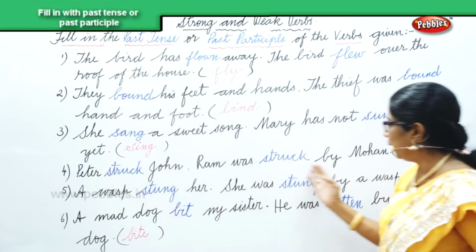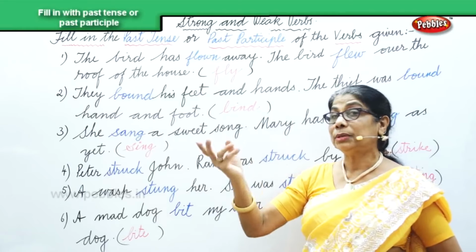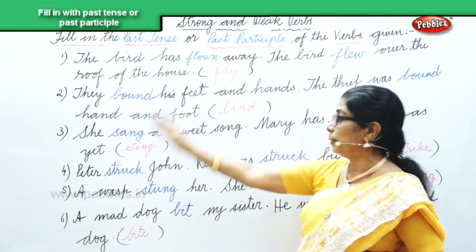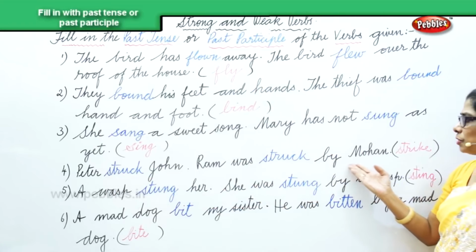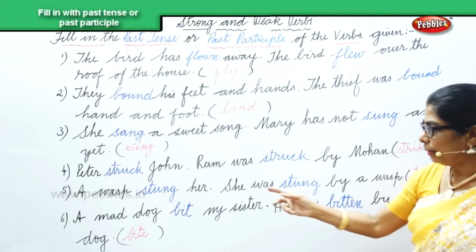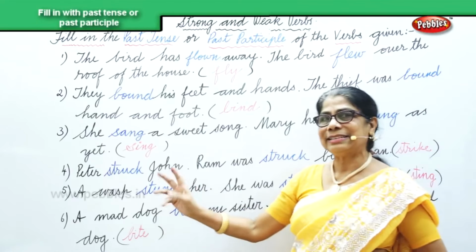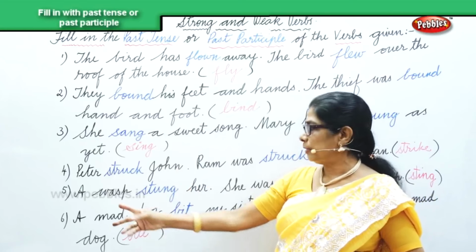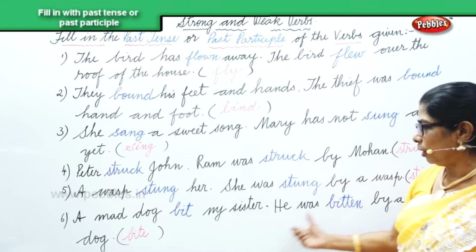Here the verb given is strike. Strike, struck, struck, both past and past participle same. Peter struck John, Ram was struck by Mohan. Sting, stung, stung. A wasp stung her, she was stung by a wasp.